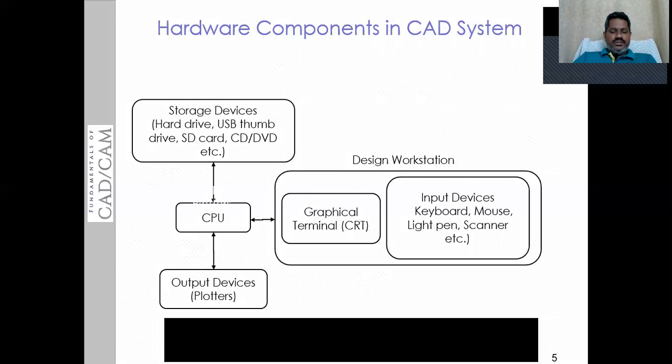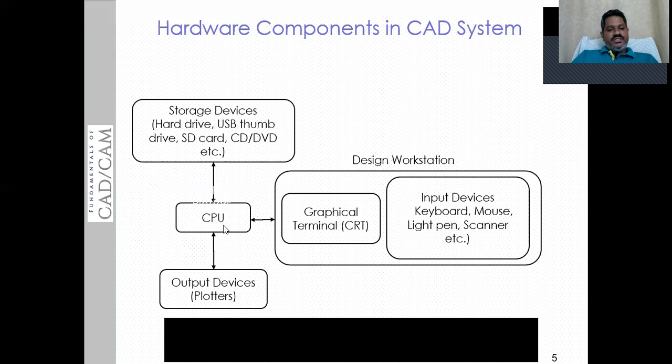So you can store, you can retrieve, you can transfer the data from the system, from the CPU to the storage device, and you can also copy the data from the storage device into the system. So in both ways, it has control. You can copy the data into the storage device, and you can copy the data from the storage device to the system or the central processing unit.